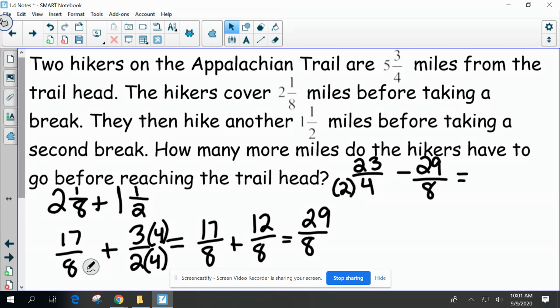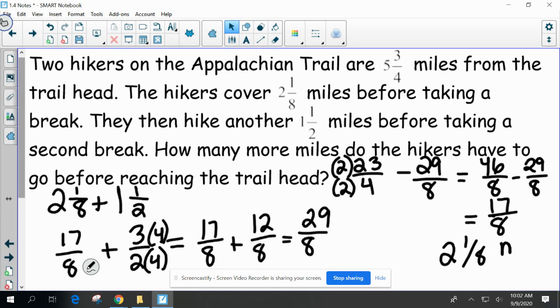So I need to take this times 2. So I would have 46/8 minus 29/8. So 46 minus 29, 17/8, and then convert that to 2 and 1/8, and then that would be miles left, right?